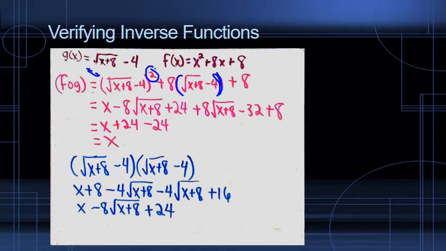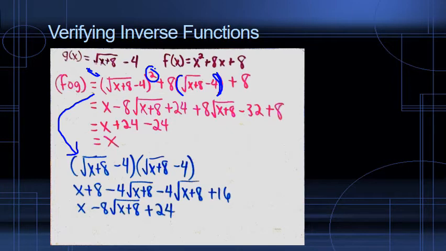Plus 8. So I'm going to first square this, the square root of x plus 8 minus 4, and I dropped it down here. See, again, we want to make sure that we've got enough space. Even if you have to start over on a whole new sheet of notebook paper, make sure you have enough space. If it gets too cramped, you can't see where your problem is. Or at least I can't.